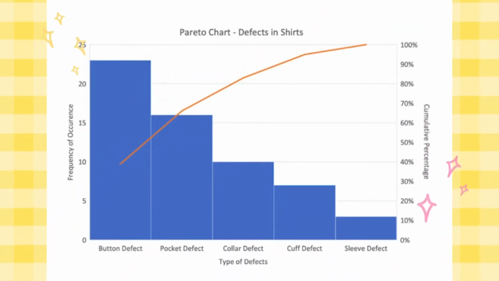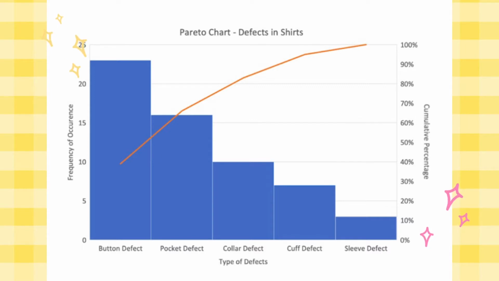Okay guys, so this is an example of a Pareto chart, defects in shorts. A Pareto chart is a combination of a bar graph and a line graph. Notice the presence of both bars and a line on the Pareto chart in the picture. Each bar usually represents a type of defect or problem. The height of the bar represents an important unit of measure, often the frequency of occurrence or cause.